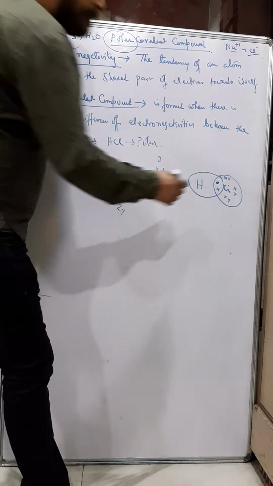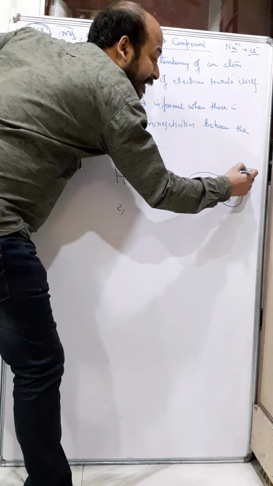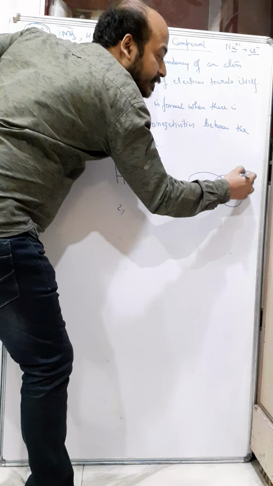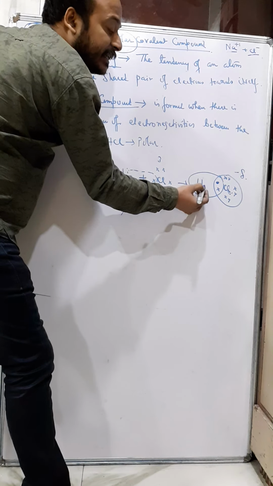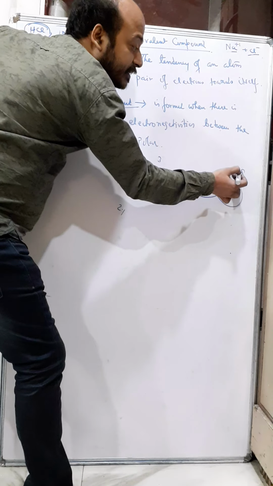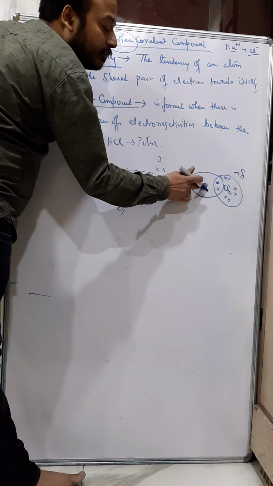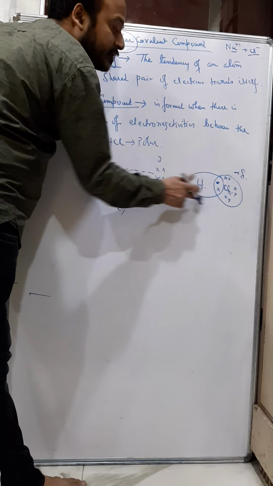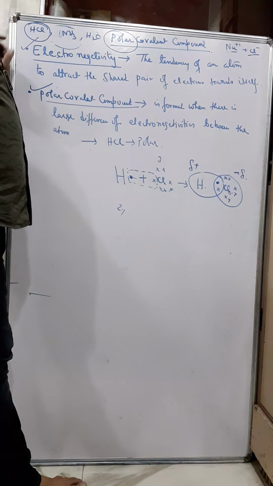Due to this, a slight negative charge develops on chlorine, because chlorine has attracted the electron of hydrogen more towards itself. And since the electron of hydrogen is farther from the nucleus of hydrogen, there develops a slight positive charge, which we say as delta positive.